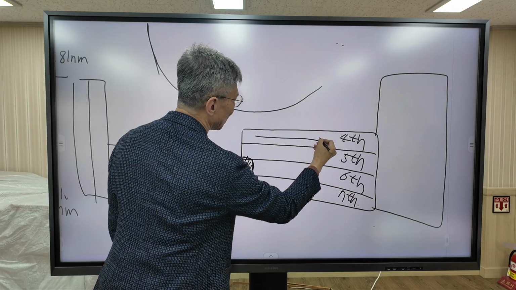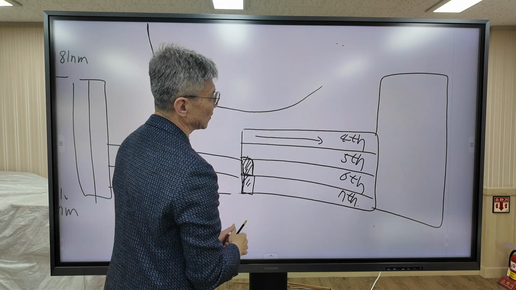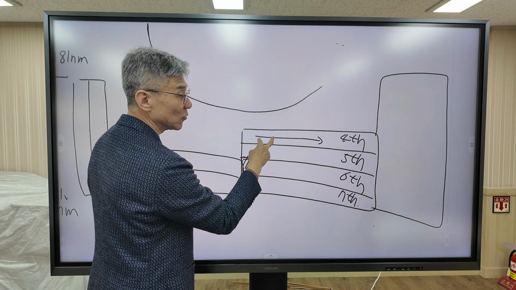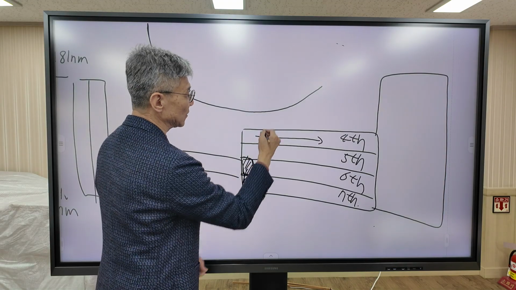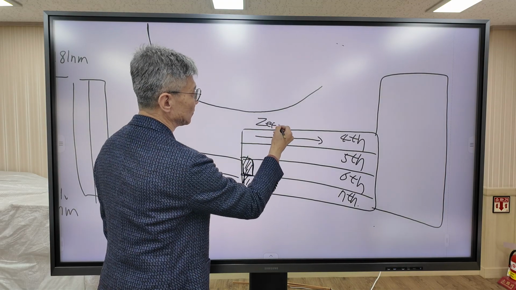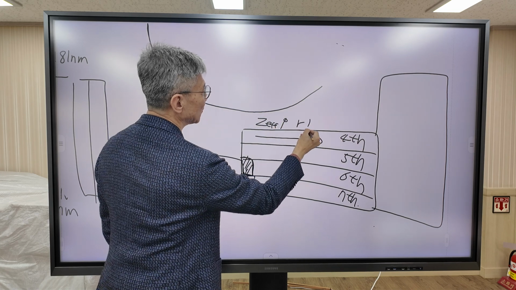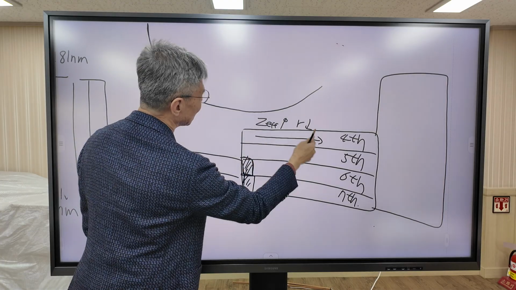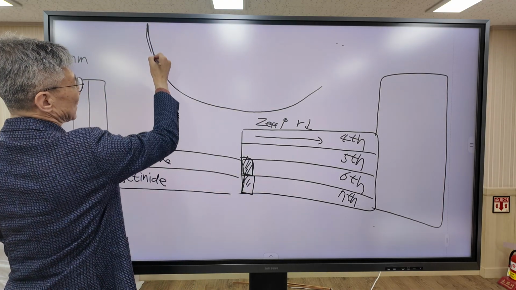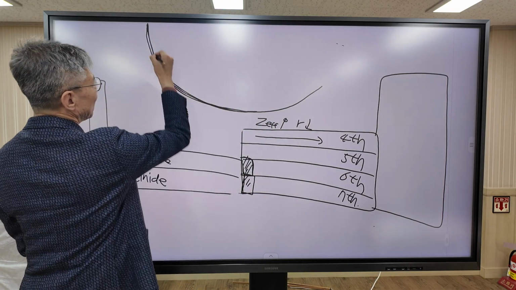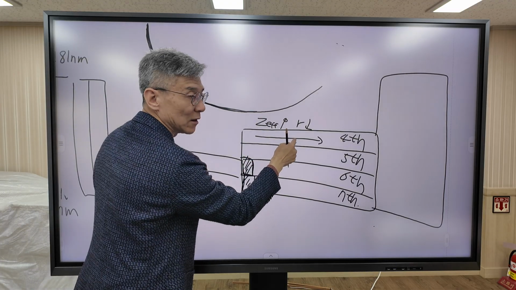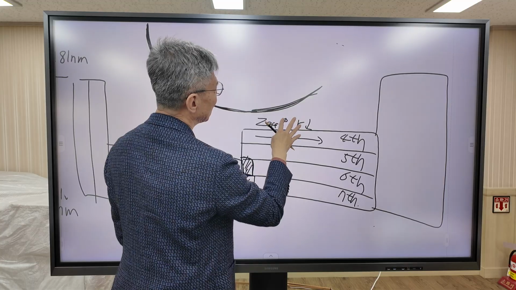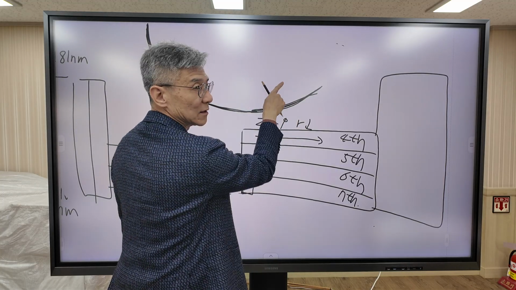When you go from left to right, just like the main group elements, the effective nuclear charge increases. So the atomic radius decreases as the atomic number increases. It follows the same pattern as the main group elements, but near the end of the transition metals, the atomic radius slightly increases. Why?